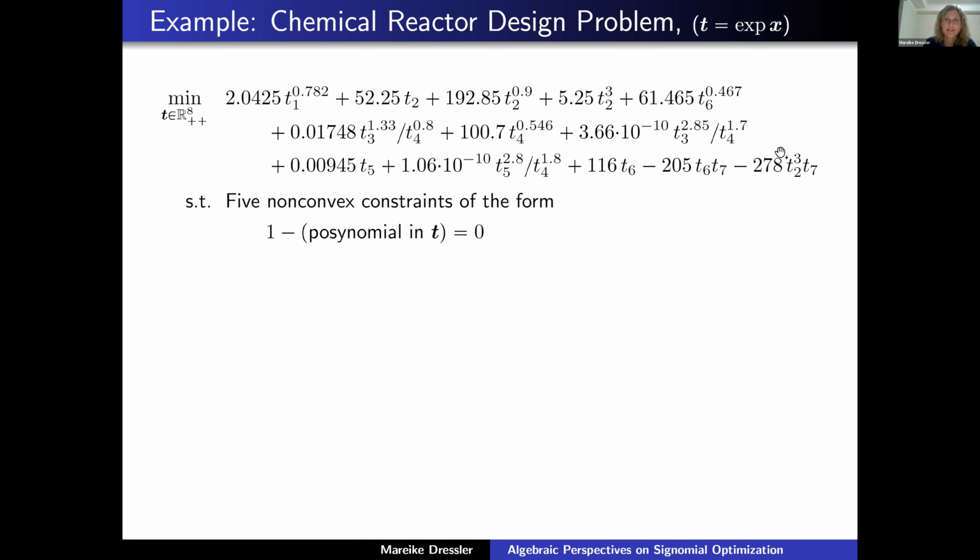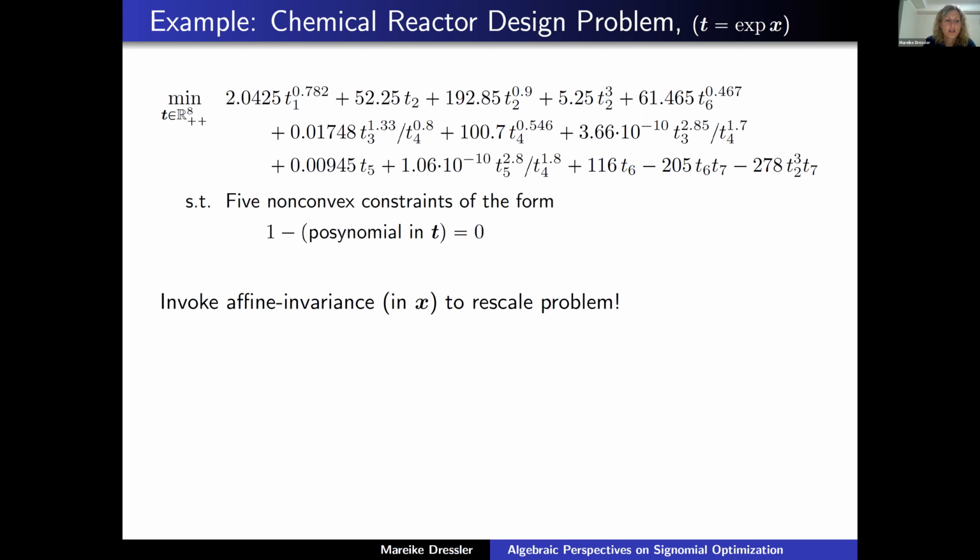So we have this objective function, and I just really wanted to show you the constraint functions because they're as ugly as this objective function here, and they have the form 1 minus some polynomial in T. And T here, notice, is written as x p. So how do we go on solving this?